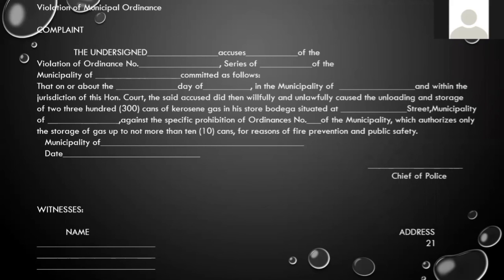And the about of the, kunyari po, June 13, 1998, day of.